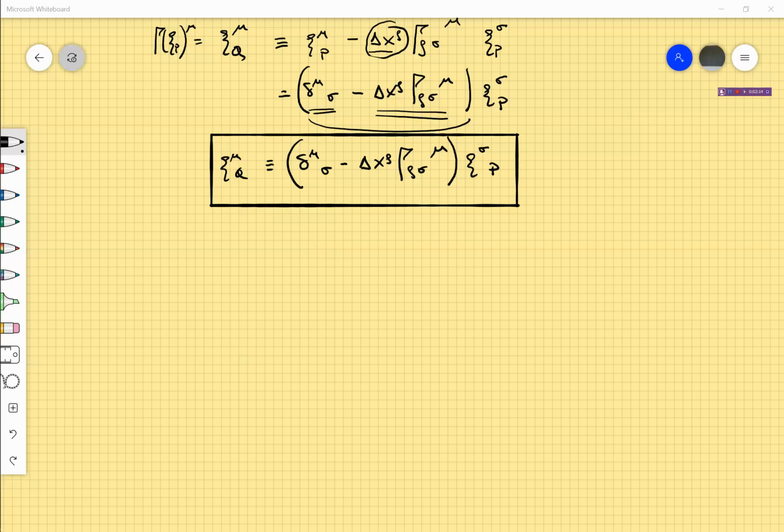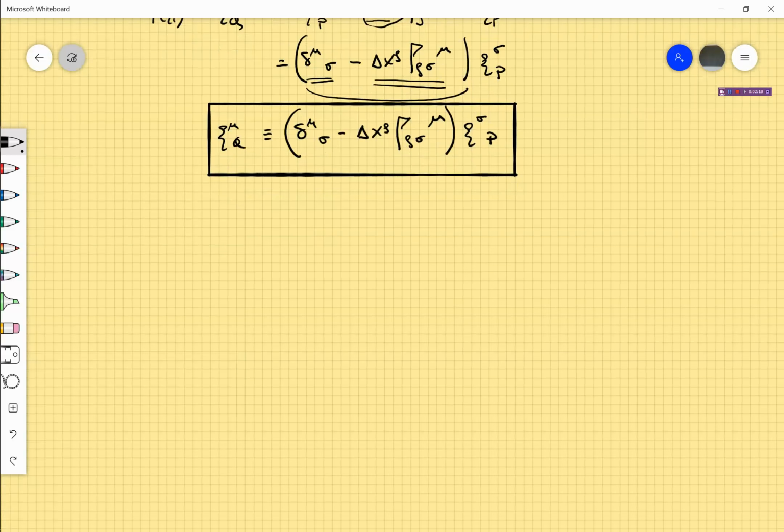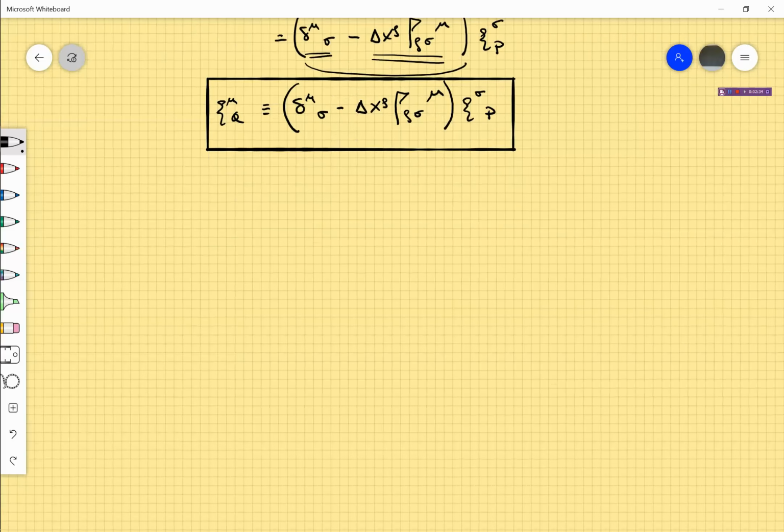They have the same components. So this is good, but there is an arbitrariness which is quite large because the connection gamma is arbitrary. There are many of them. If there was a single connection selected by some particular property, then there would be a canonical notion of what parallel transport is, but that is not the case.